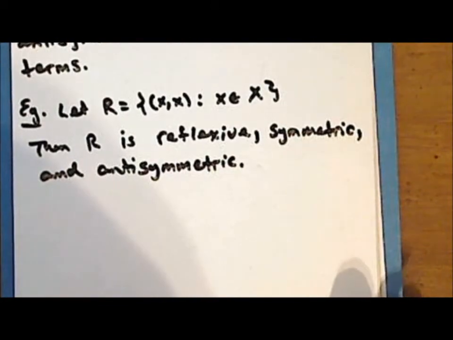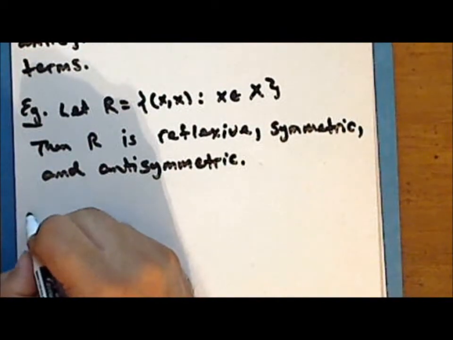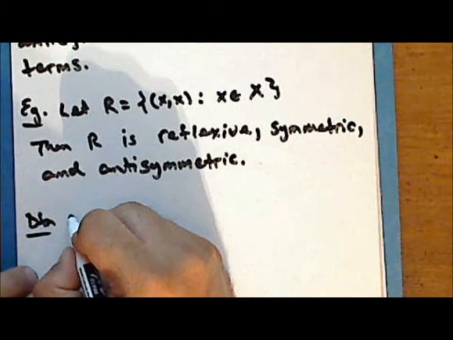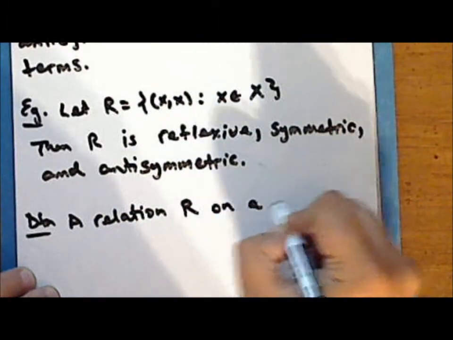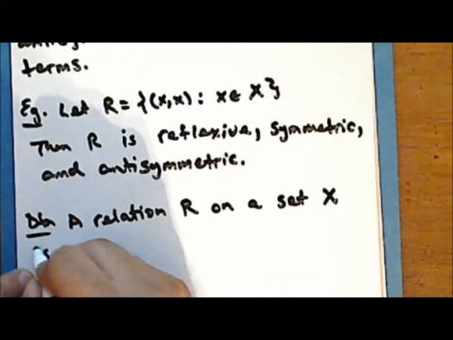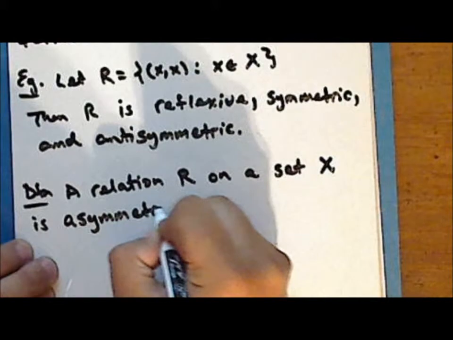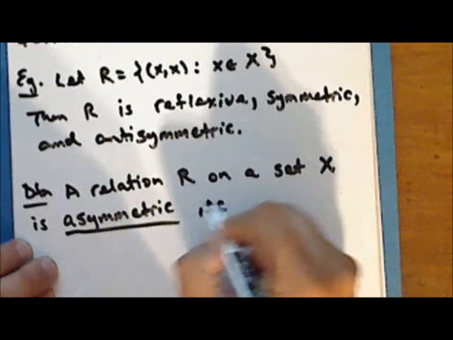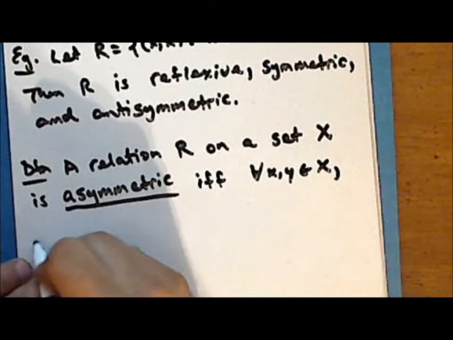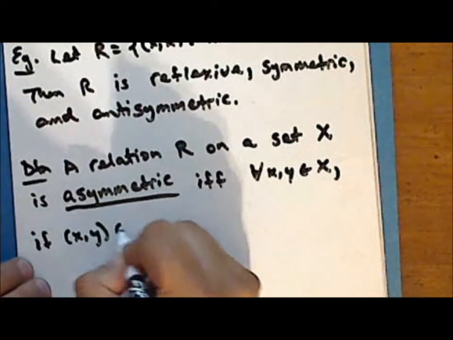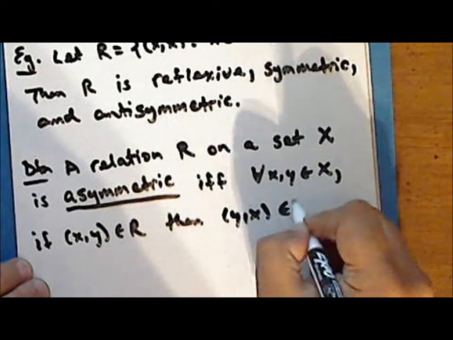So we next will look at a property that is the opposite of symmetry. A relation R on a set X is asymmetric if and only if, for every pair of elements x and y, if the ordered pair xy is in the relation, then the ordered pair yx is not in the relation.